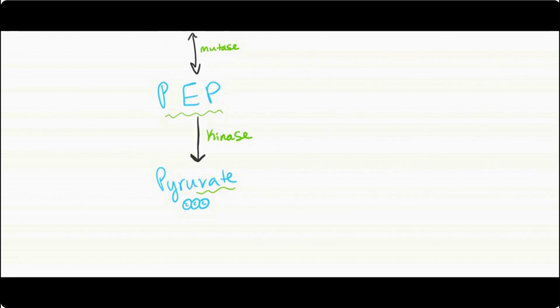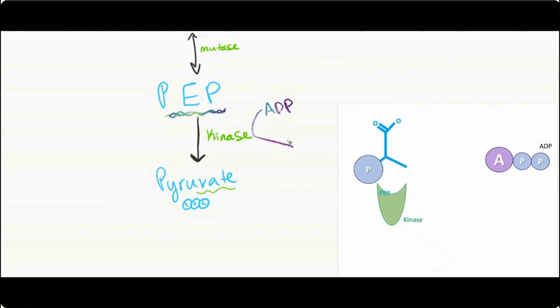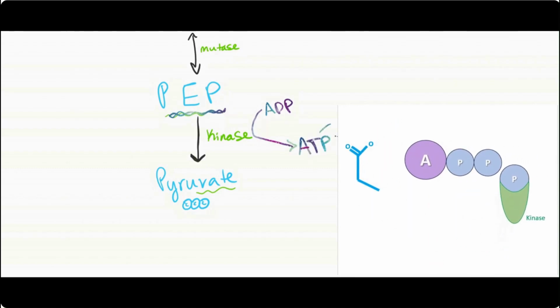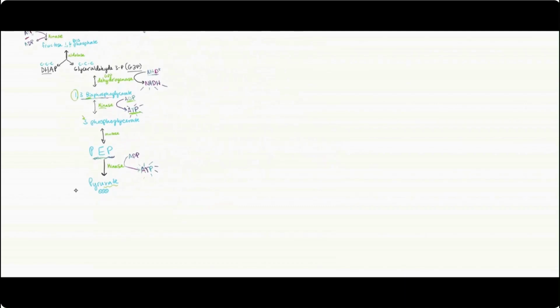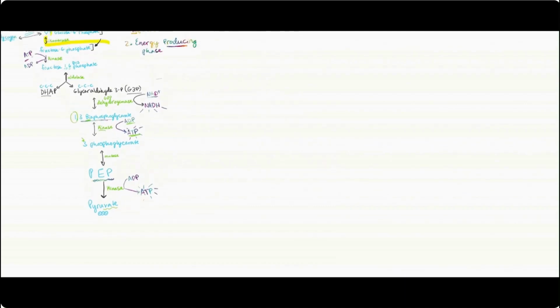It can't be converted back into PEP. So just like before, this kinase will also be taking a phosphate group from the substrate here to convert ADP into ATP. More energy. Big yays. All right? So that is this half of the pathway past the triose in glycolysis.